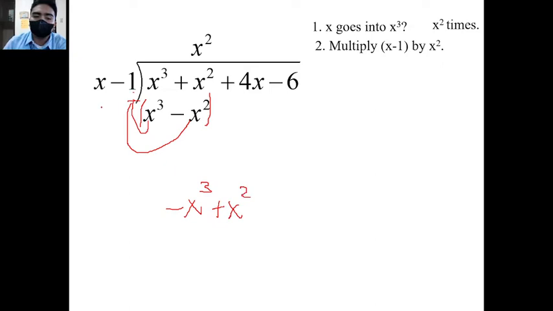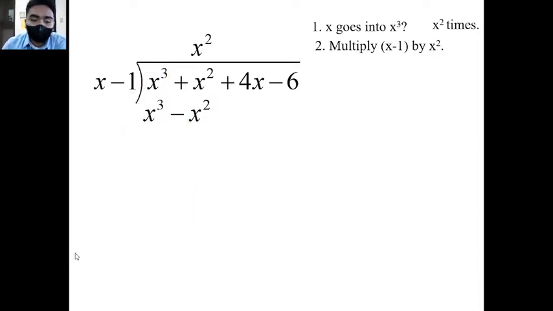Then what happens to the operation? It will become addition. So you are going to add x cubed with negative x cubed. That is what's happening in polynomials. But in my case, personally, this is what I'm doing. I'm just putting a bracket, then I just subtract.